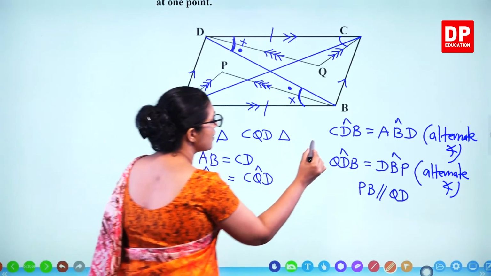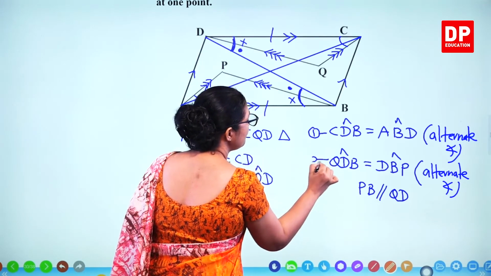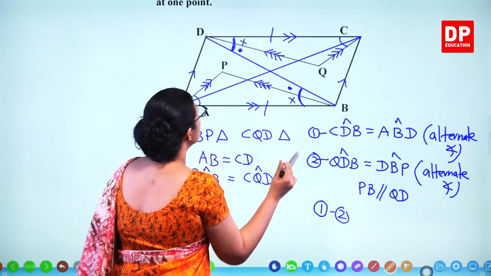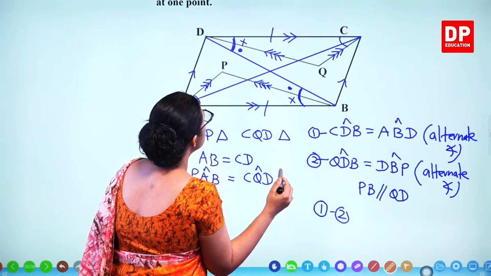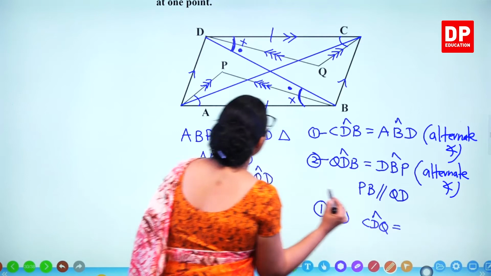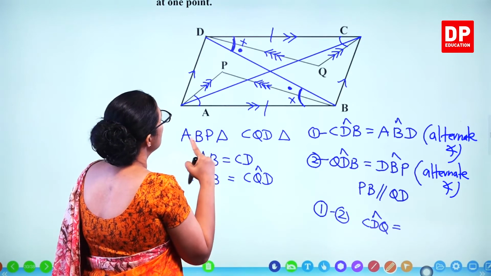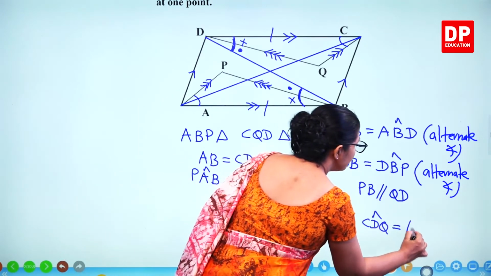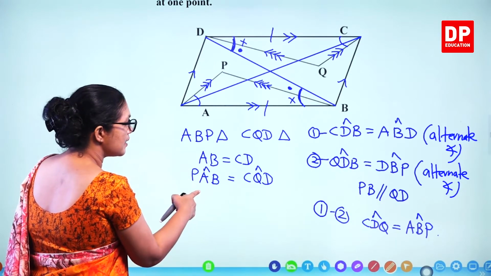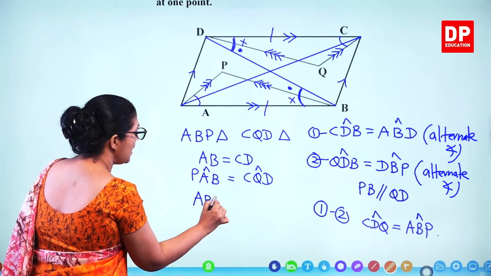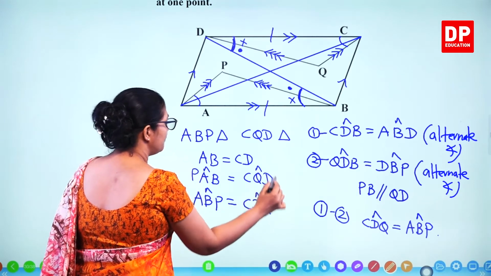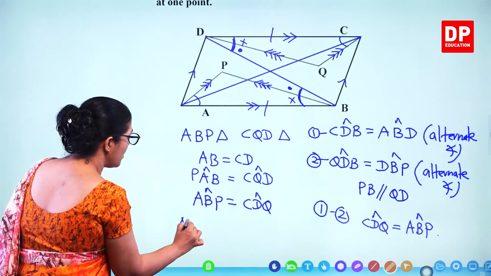Then when you subtract 1 and 2, the bigger angle minus the smaller one, you get angle CDQ. Angle CDQ is the same as angle ABP. So angle ABP is equal to angle CDQ. So the two triangles are congruent then.